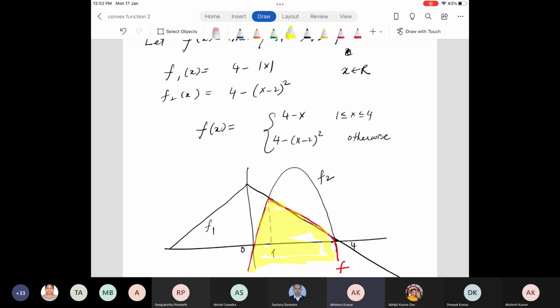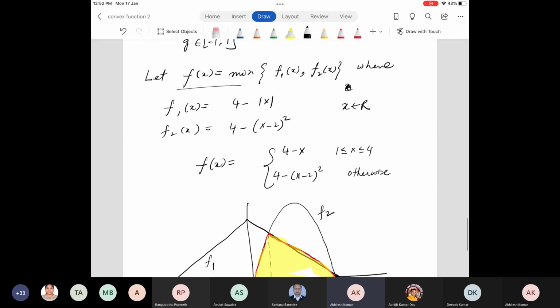Is this correct? See carefully. Yes. So this is our function f. Is it convex or concave? Concave. It is a concave function.